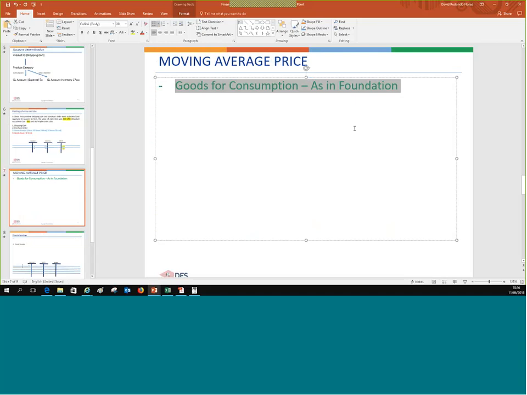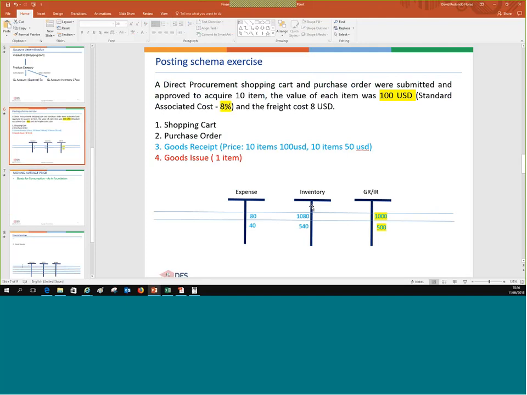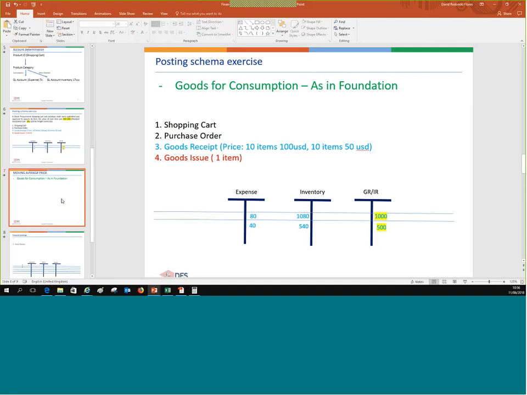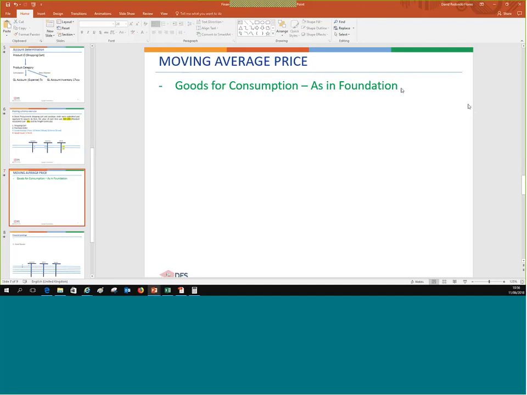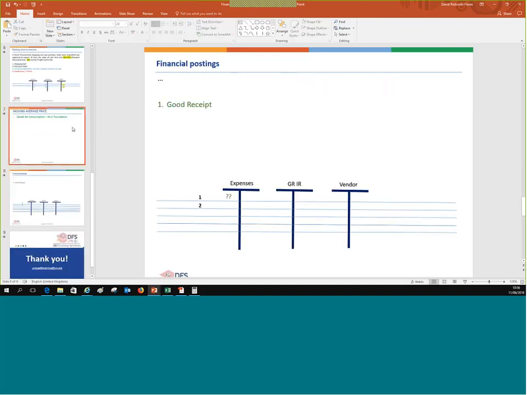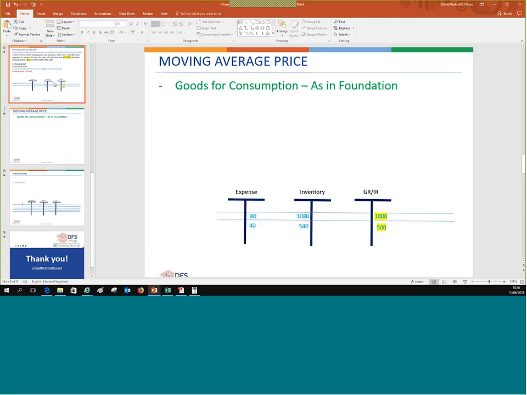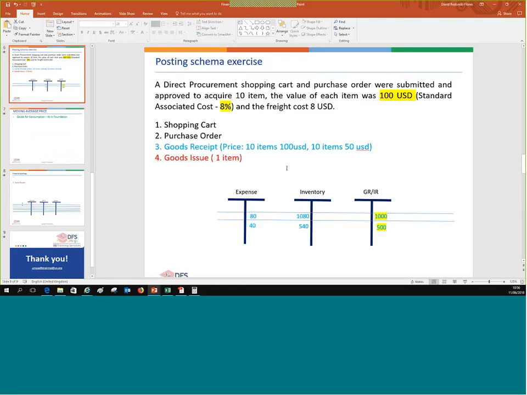The moving average price is the price or the value of one item in the inventory, and it's calculated considering the value of the existing stock plus the elements that we have been acquiring. In theory, you should not have to calculate it, because the system will have calculated the price of every element and then, considering the quantity, will calculate the average.